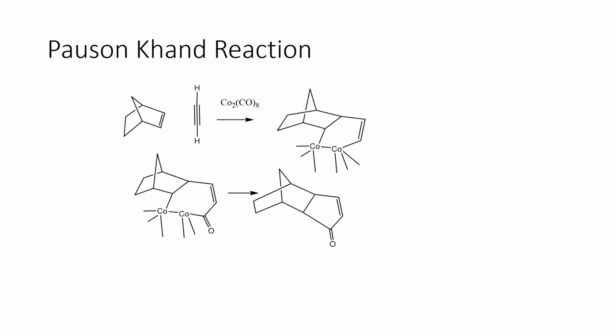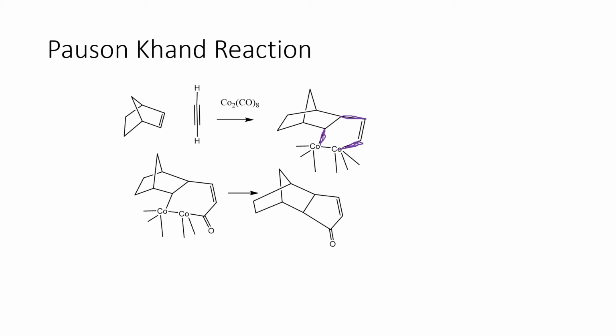Let's coordinate them to the two cobalt moieties and then carry out an oxidative coupling reaction. So this turns out to be a fairly straightforward reaction because you form three new bonds right away, two between the carbon and the cobalt and one between the alkene and the alkyne.